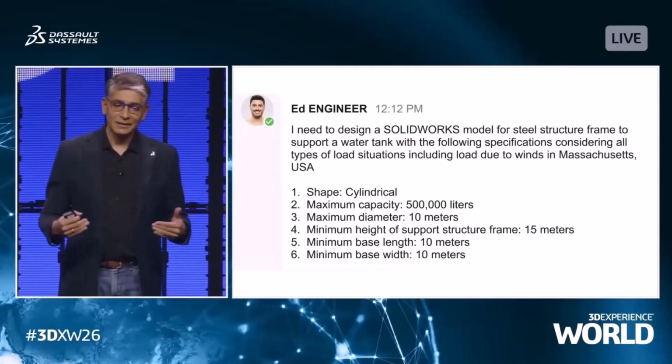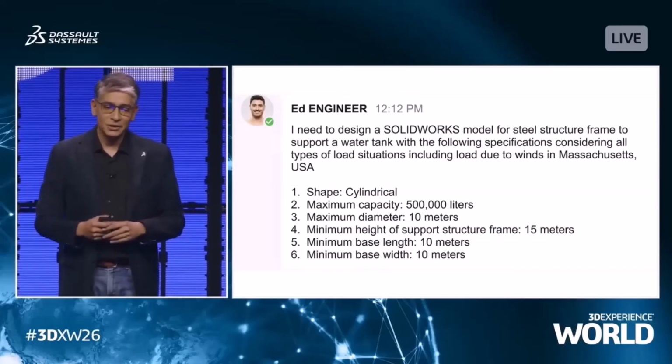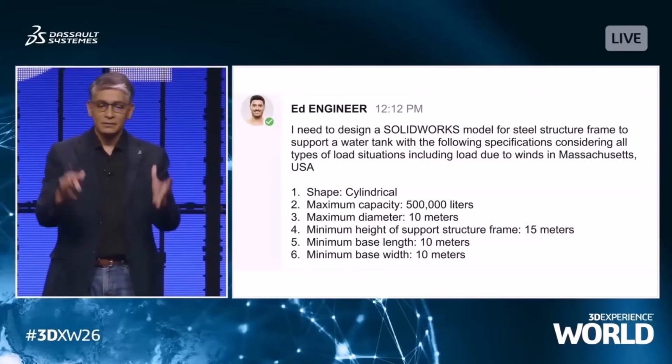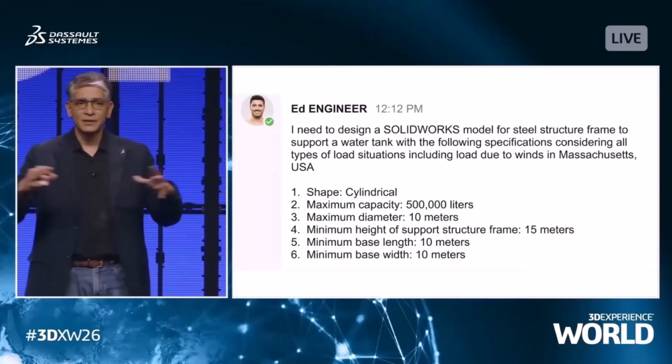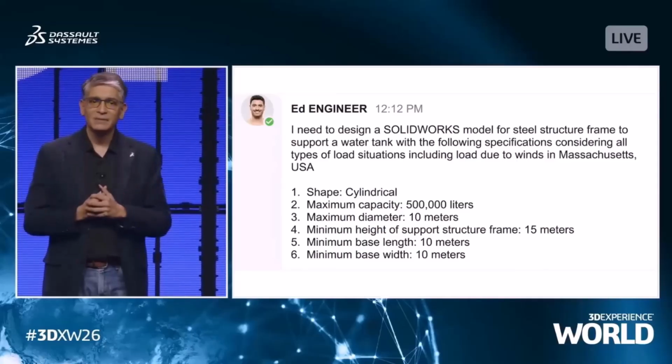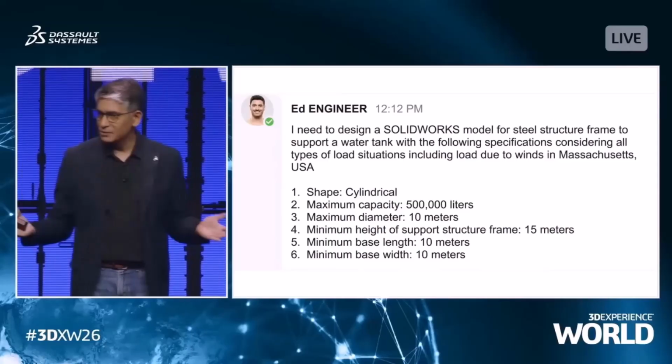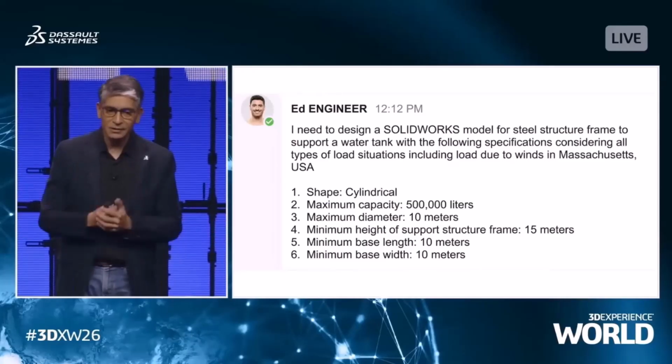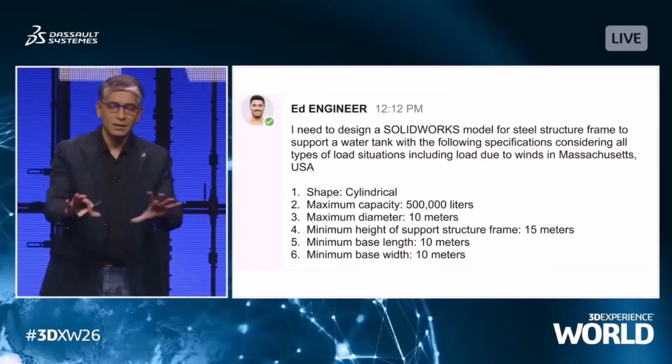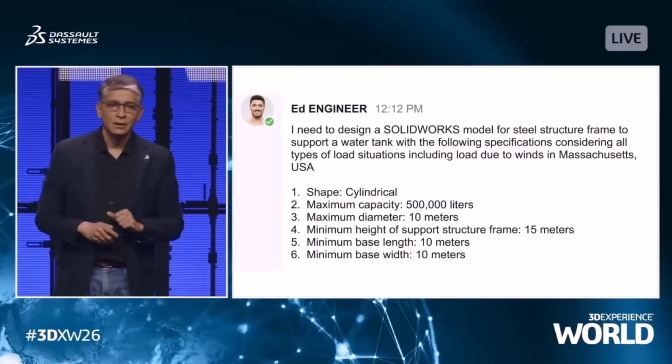Imagine someone designing that I want a steel structure to support a water tank with a specification like it has to be cylindrical water tank, maximum capacity of 5,000 liters, 500,000 liters, minimum diameter, maximum, whatever. These are the specifications.